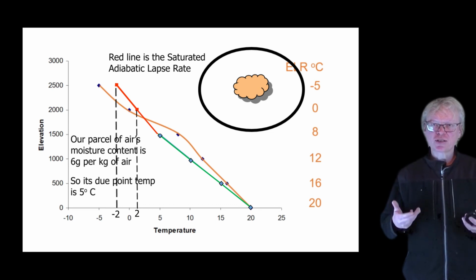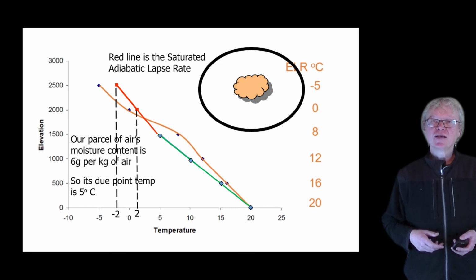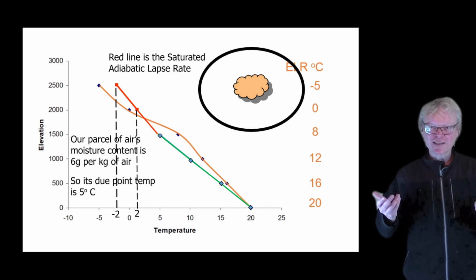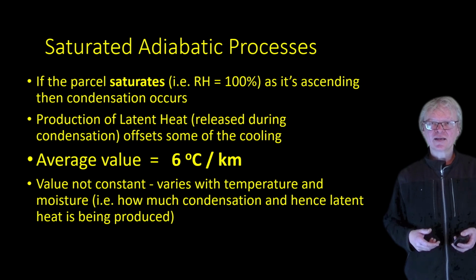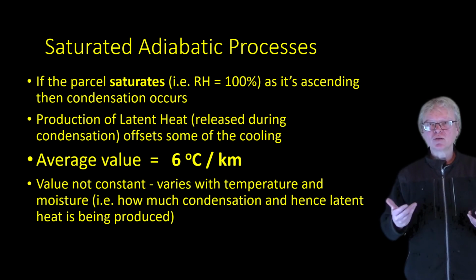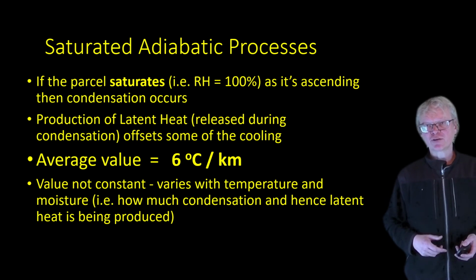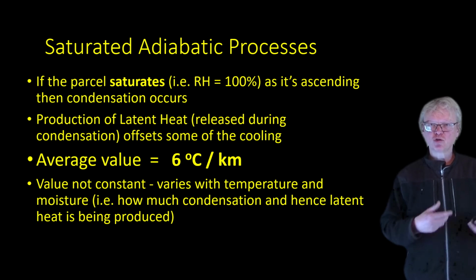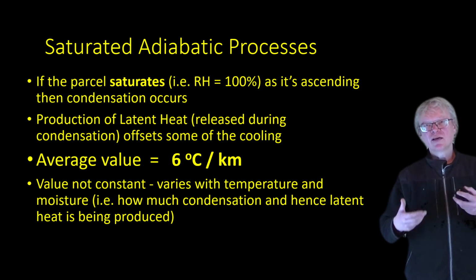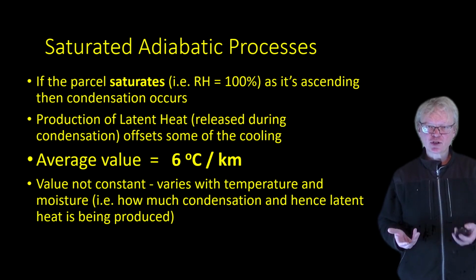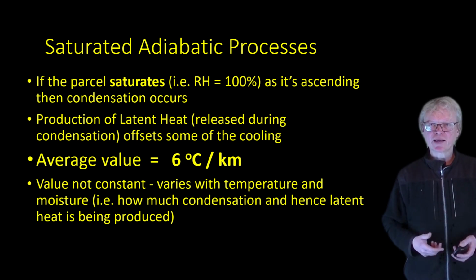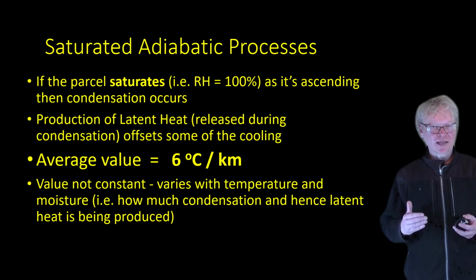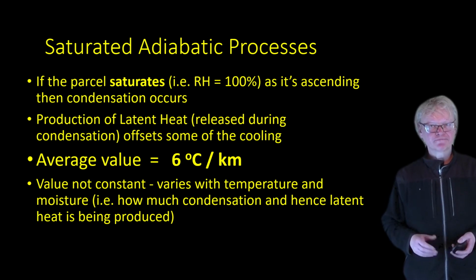It's not a constant 10 degrees per kilometre, but because of that latent heat that's now gone into that air, it's kept a little bit warmer, and different air parcels will have slightly different saturated adiabatic lapse rates, but it's around about 6 degrees per kilometre. Dry, 10 degrees per kilometre, and constant; the saturated adiabatic lapse rate, or wet adiabatic lapse rate, is less, and so it stays warmer for longer. All right, see, latent heat of evaporation.